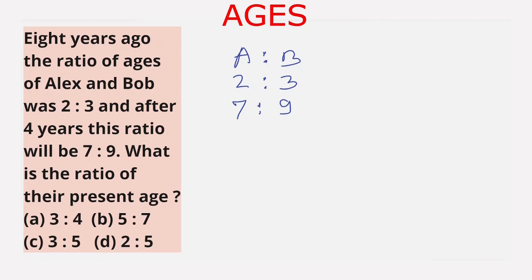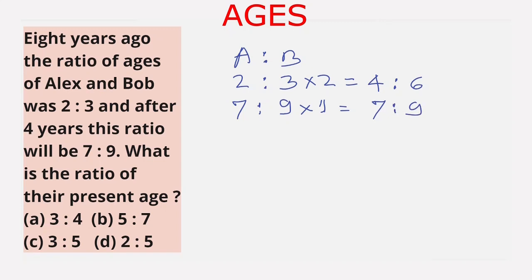So we have to make this difference equal. So what we do, we multiply 2:3 by 2 and 7:9 by 1, and we get 2 times 2 is 4 and 2 times 3 is 6. So 2:3 is 4:6 and 7:9 remains as it is.